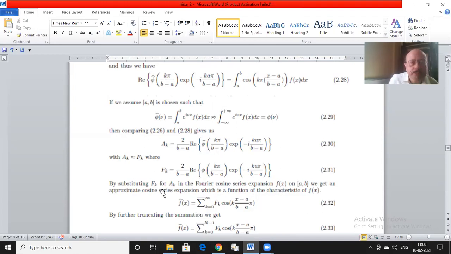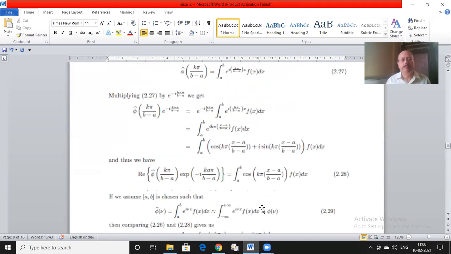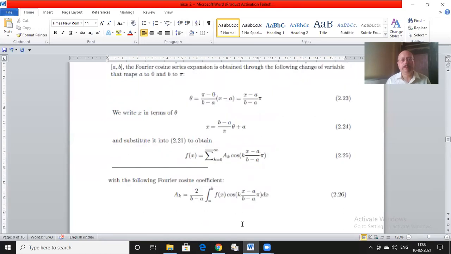So if I substitute FK by AK in the Fourier expansion of f(x), we will get an approximate cosine expansion. So the actual cosine expansion for f(x) was involving the correct coefficients.